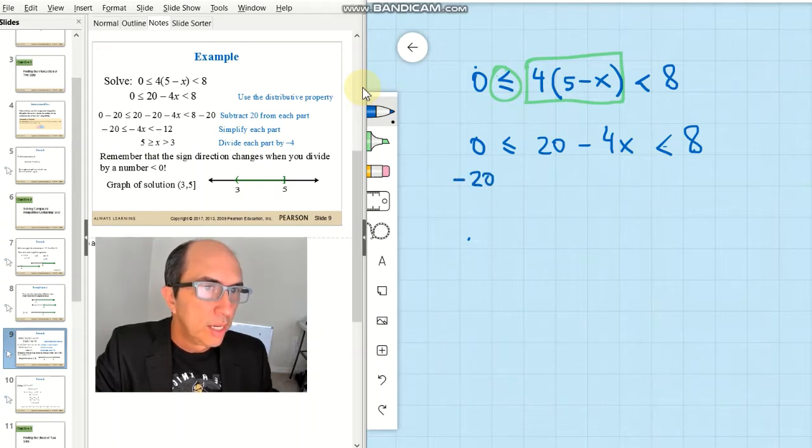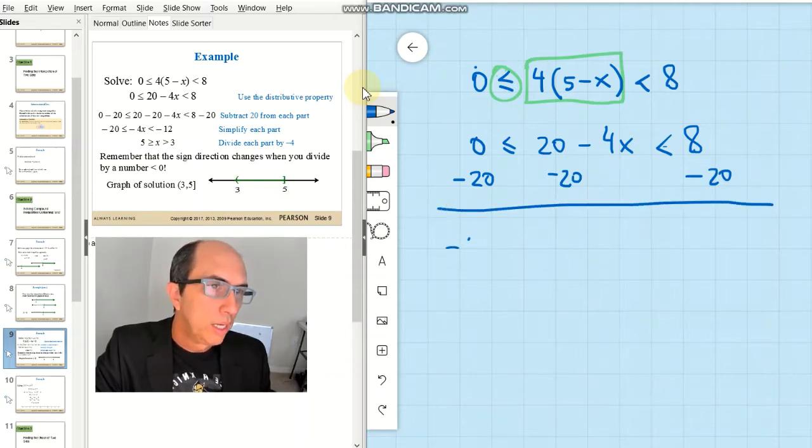So negative 20 here, negative 20 in the middle, and negative 20 here at the end. So we will have 0 minus 20, negative 20, less or equal than 20 minus 20, 0, negative 4x is less than 8 minus negative 20, negative 12.